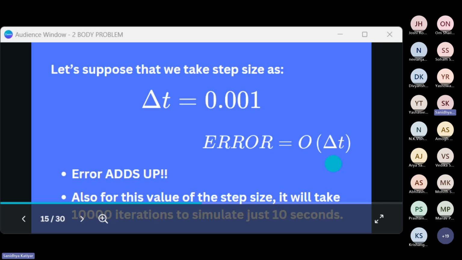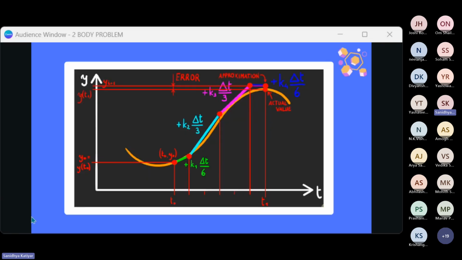Now if we compare it to the Euler method, you can see that the error is significantly less. I won't dive into the explanation of this method, but for now you just need to keep in mind that the error here is significantly less than in the Euler method.